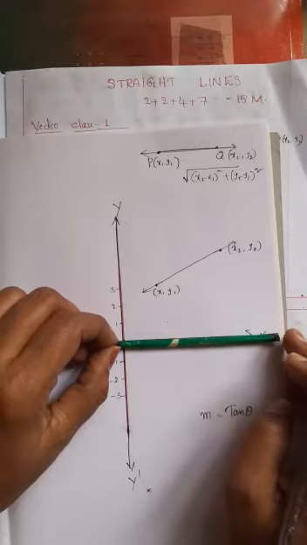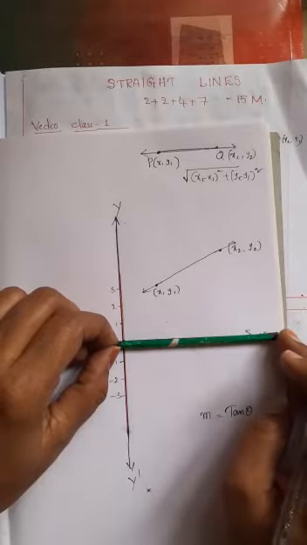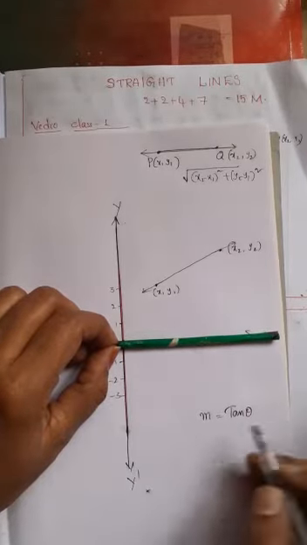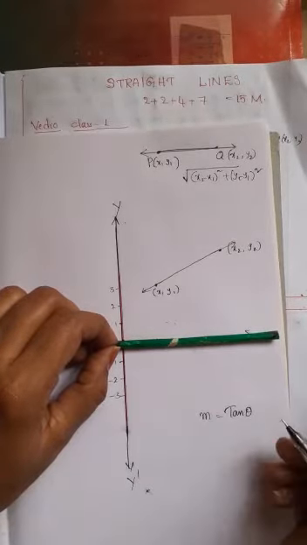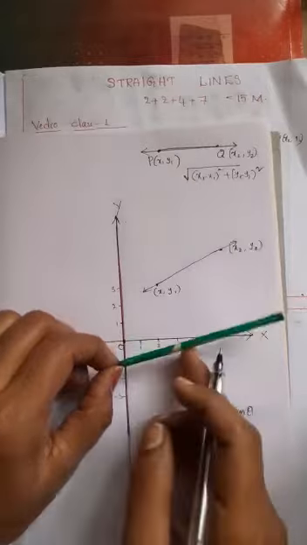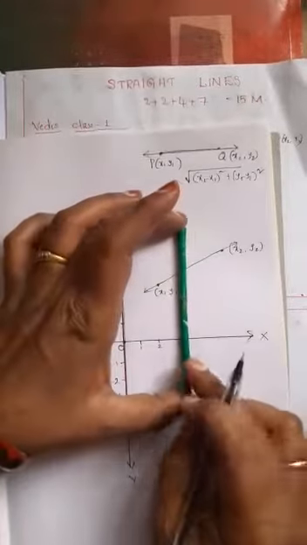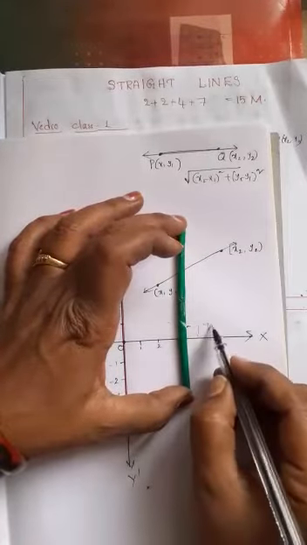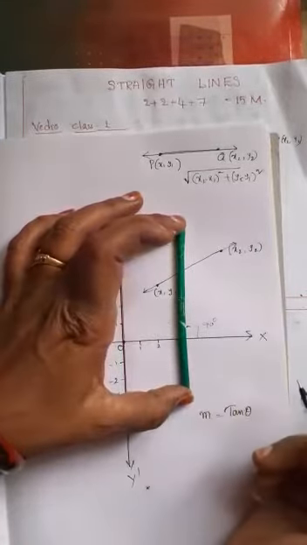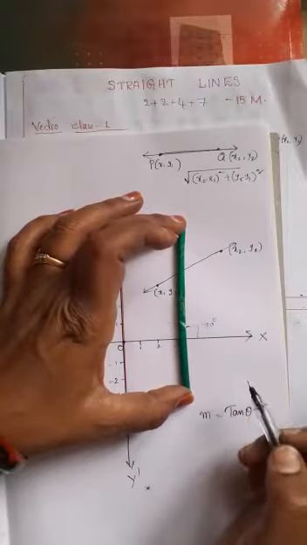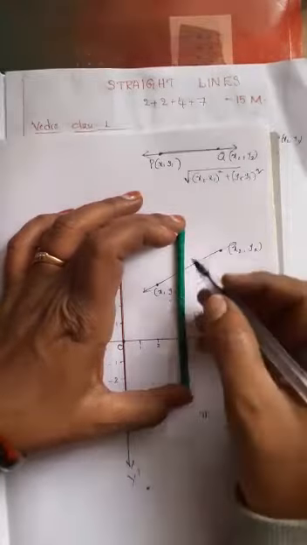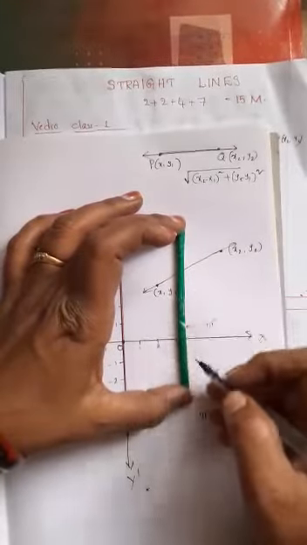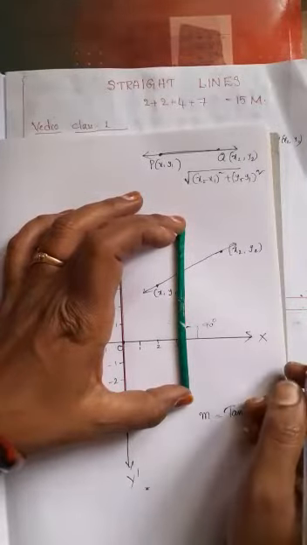Tan 0 value is 0, so the slope is also 0. Suppose you consider a vertical line. A vertical line makes a 90 degrees angle with the positive x axis. What is tan 90? Undefined, right. So, the slope of a vertical line is undefined.